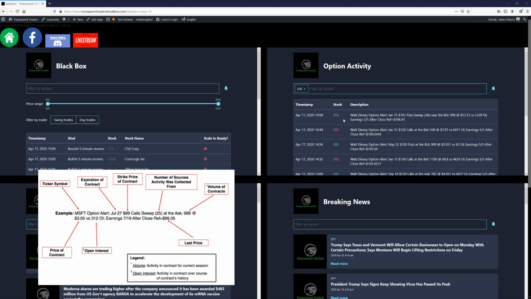Now, will it be 100%? No, absolutely not. So how does this compare to the actual black box that we created? Well, my black box, these are the algorithms that I created myself. This is entirely different than this. This is just watching the large, significant order flow from Wall Street.